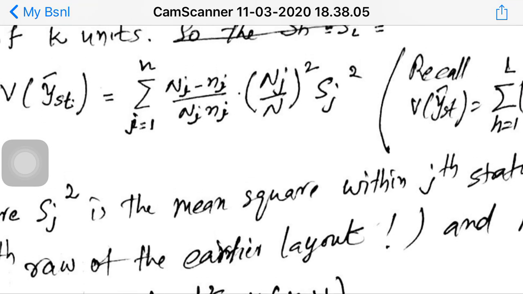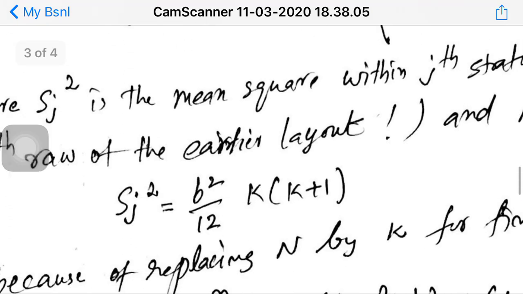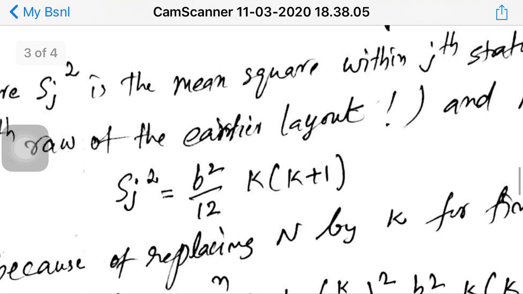So two things you have to do. You have to find out what is Sj square. You compute Sj square, and after computing this Sj square, you substitute your values here. We will see that Sj square is nothing but b square divided by 12 into (k plus 1).